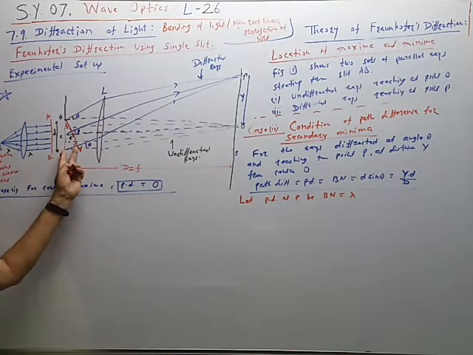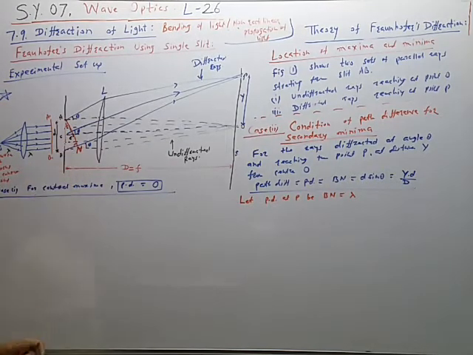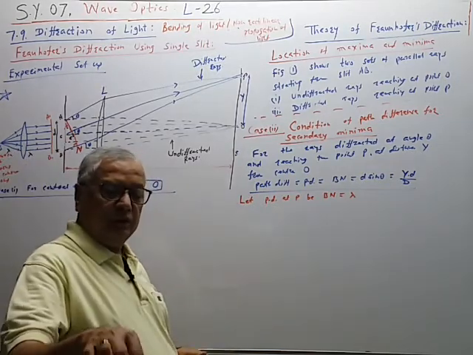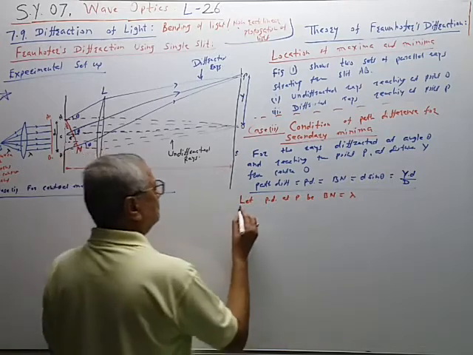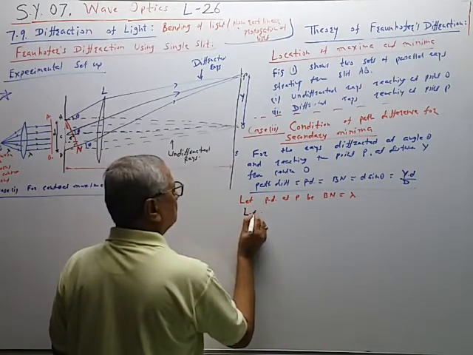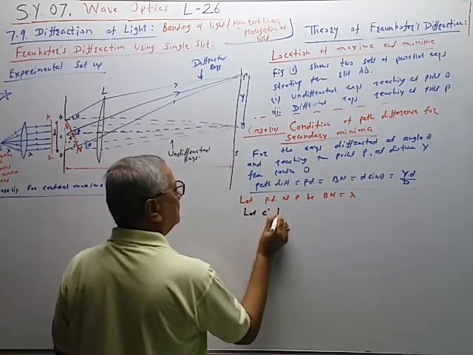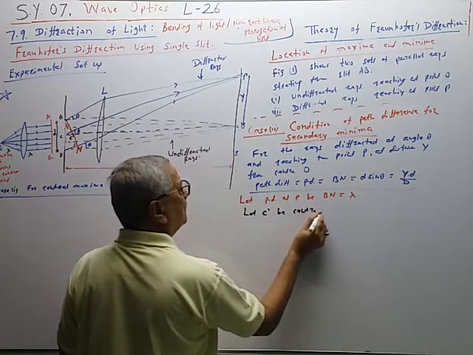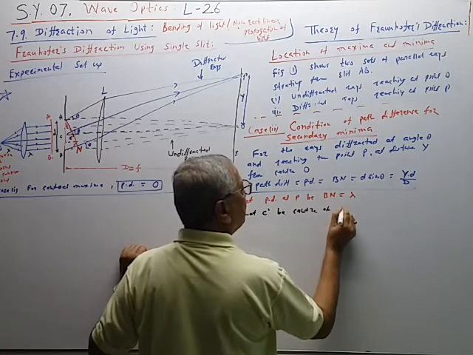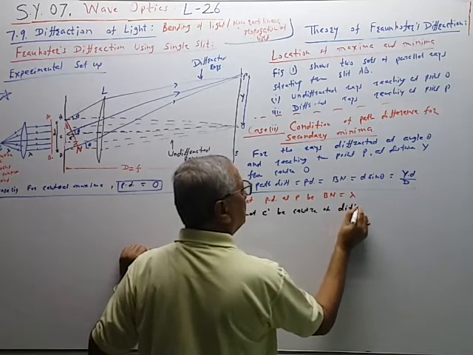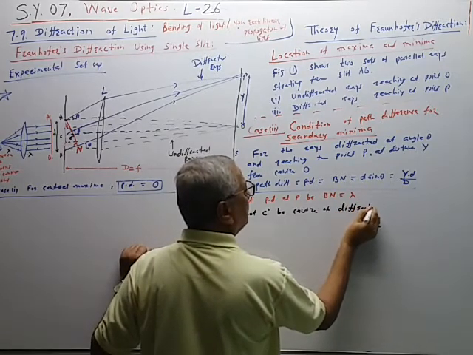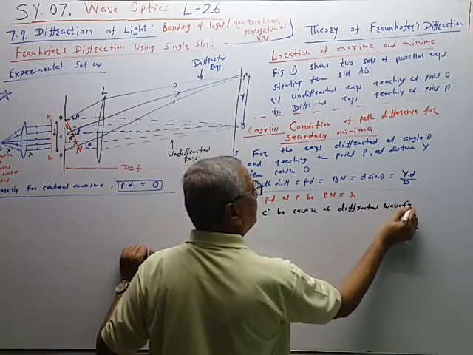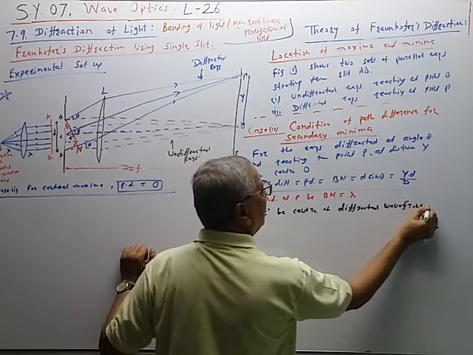Then here we will consider the point C dash. Let C dash be the center of diffracted wavefront AN.